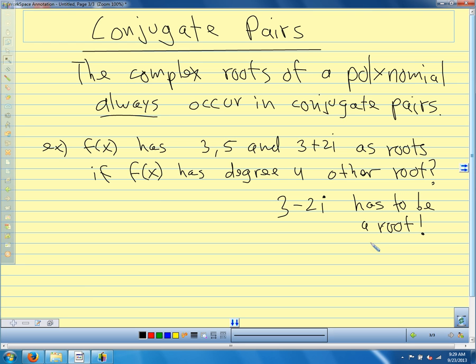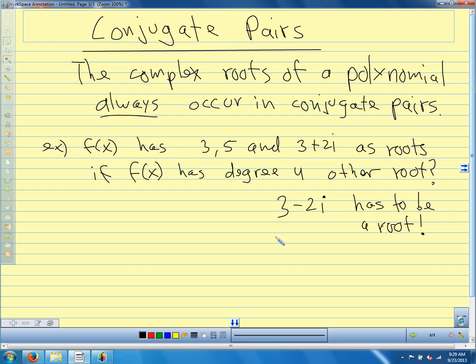They have to appear in conjugate pairs. Now the mistake that a lot of people make is they start changing signs on everything. It's only the complex roots and it's only conjugate pairs. So our fourth degree polynomial would have to have 3 minus 2i as a root.